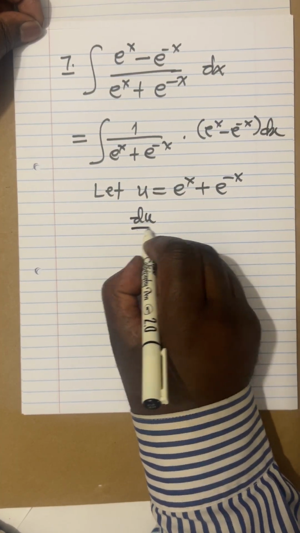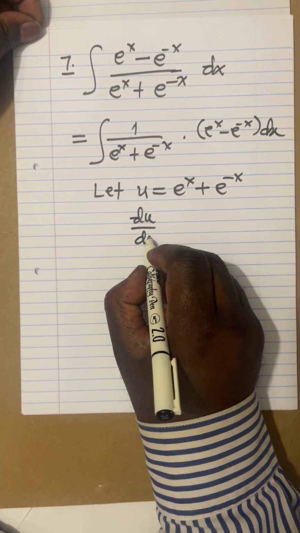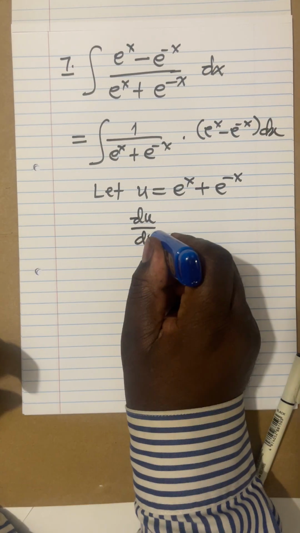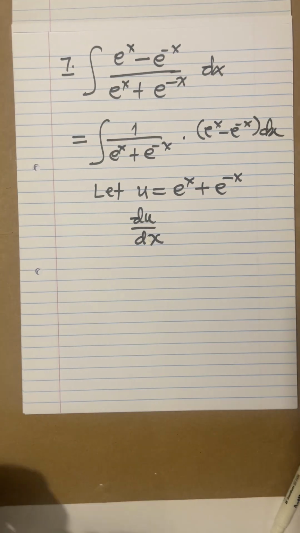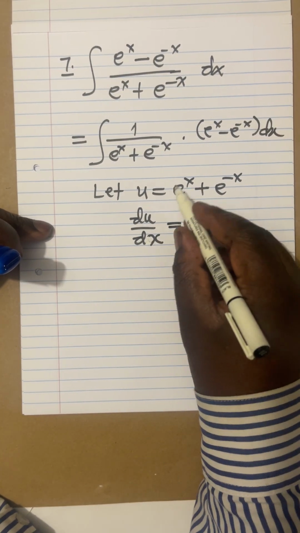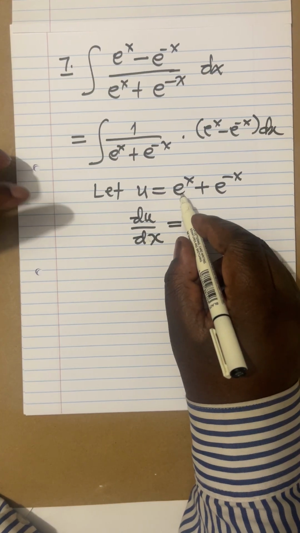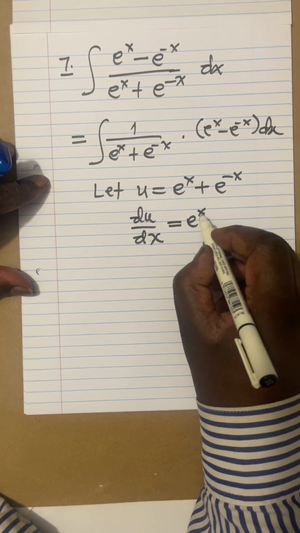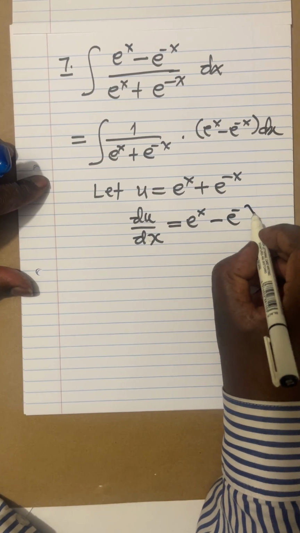Differentiate u with respect to x. du dx is going to be equal to, remember, the derivative of e to the power x is e to the power x. The derivative of e to the minus x is minus e to the minus x.